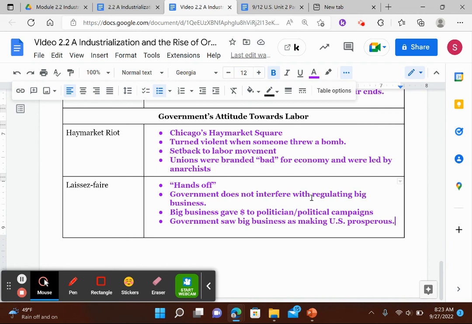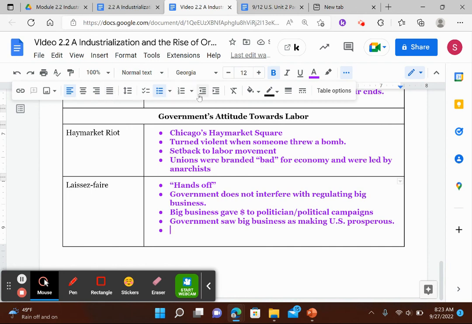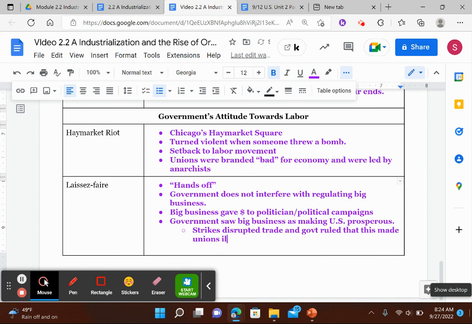Public opinion also favored laissez-faire policies. Many Americans believed that businesses should have the right to hire and fire employees as they pleased. Many in the public were hostile to unions because they feared workers' wage demands would only serve to bring about higher prices for consumers. So I'm going to put another little tab under here and say that strikes disrupted trade and government ruled that this made unions illegal.